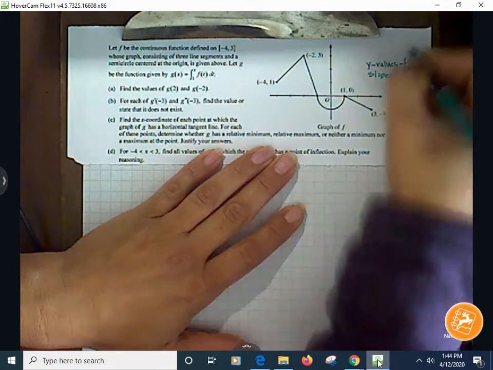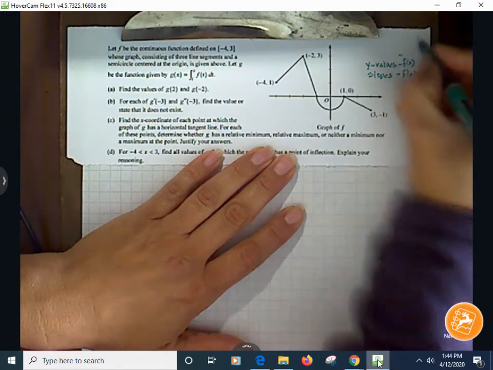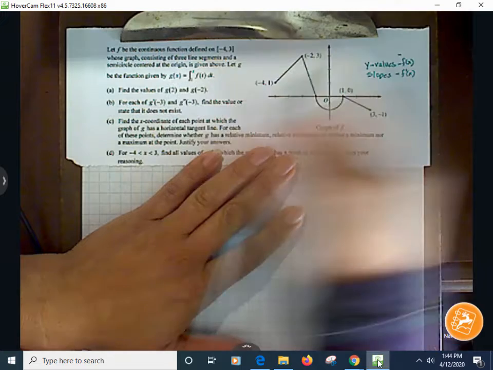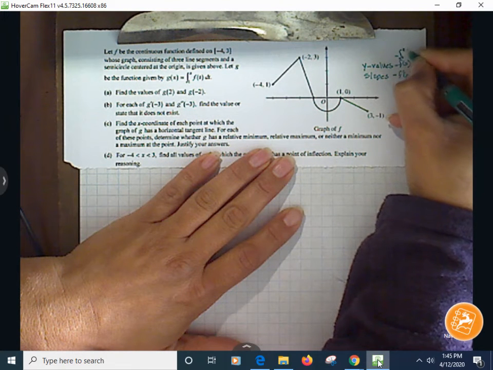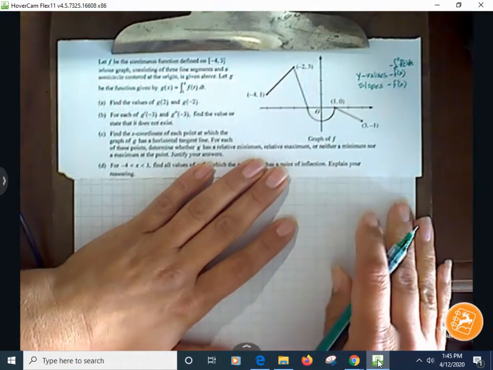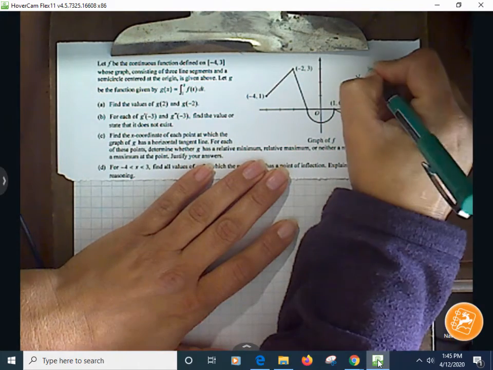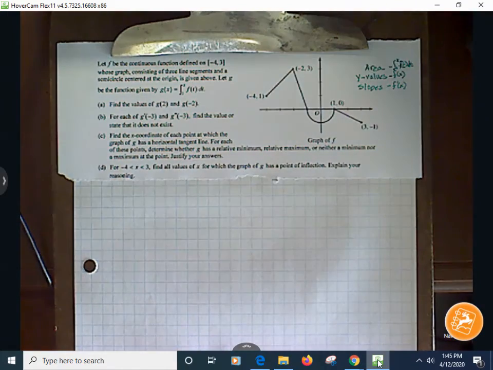And then the area would be this integral right here, the integral from 1 to x of f of t dt, sorry if that's really small, is the area. But now I would like to know this in terms of g of x.